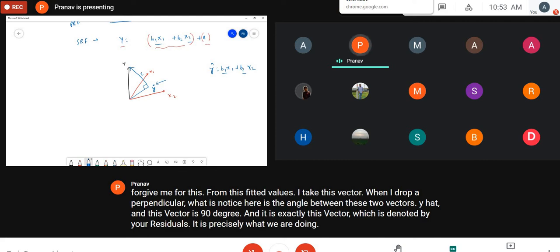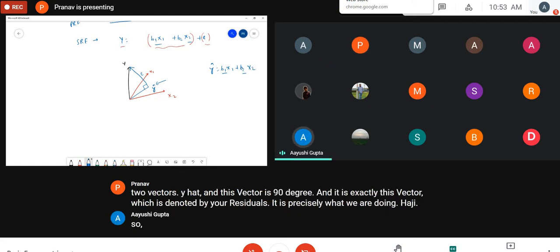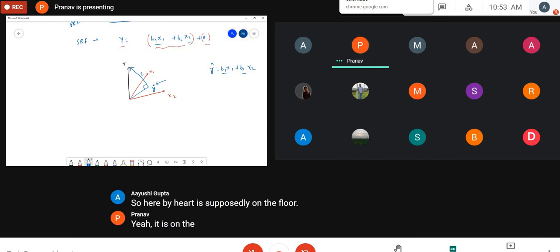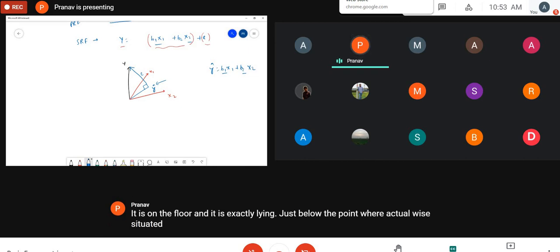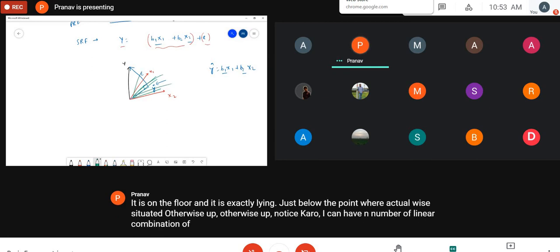Sir, हाँ जी. so your y hat is supposedly on the floor. Yeah, it is on the floor. Okay. It is on the floor and it is exactly lying just below the point where actual y is situated. Otherwise आप notice करो, I can have n number of linear combination of fitted values.